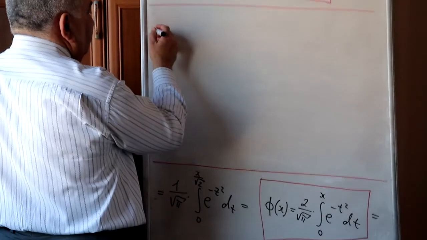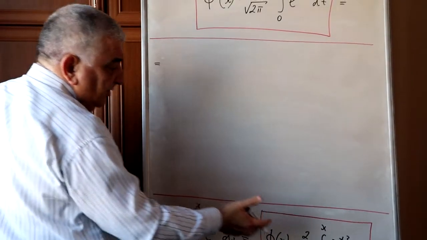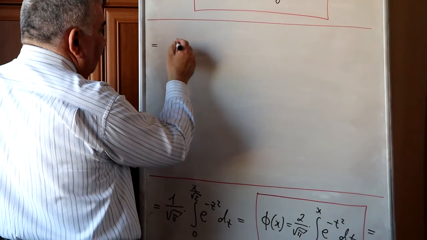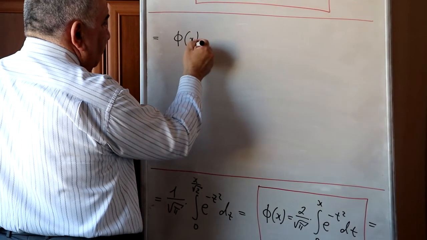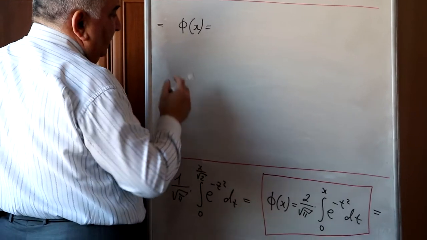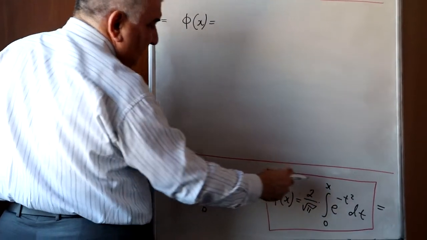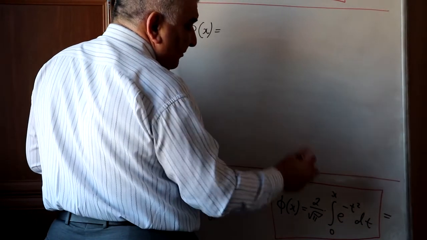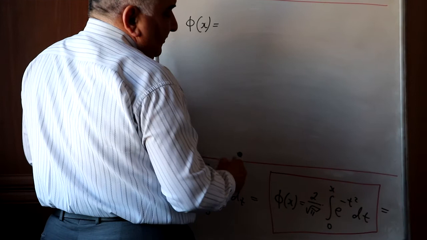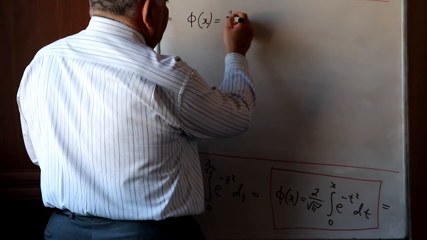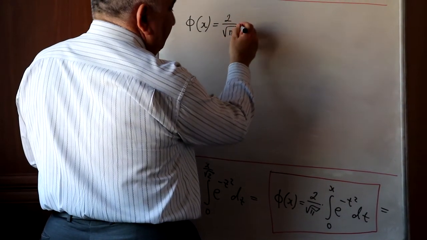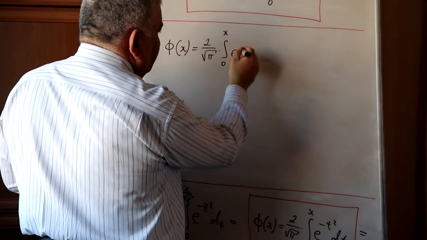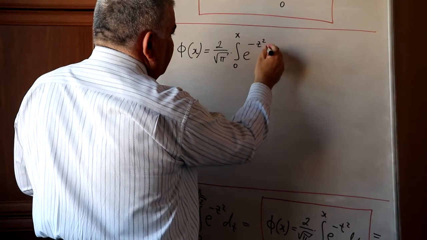Then you can rewrite the error integral phi of x, because error integral depends only on x, but doesn't depend on the integral variable: 2 over square root of pi multiplied by integral from 0 to x of e to minus z squared dz.